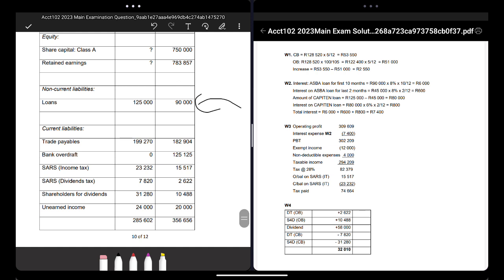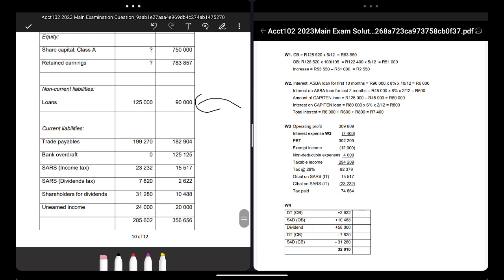Then at the end of the year, you had a new loan. But what is the loan amount? Let's calculate it and see what they did. They said 125,000 minus 45,000. Why? Because this loan got reduced during the year to 45,000 because you paid.